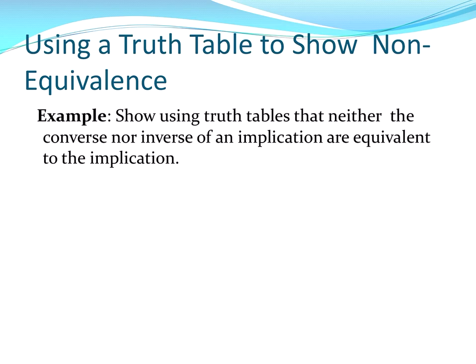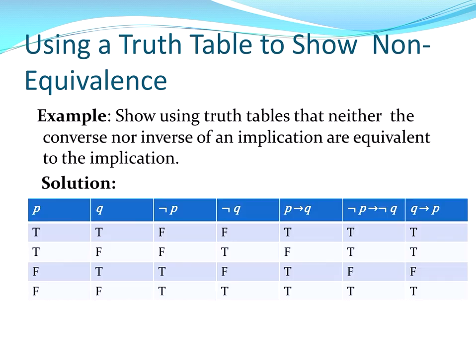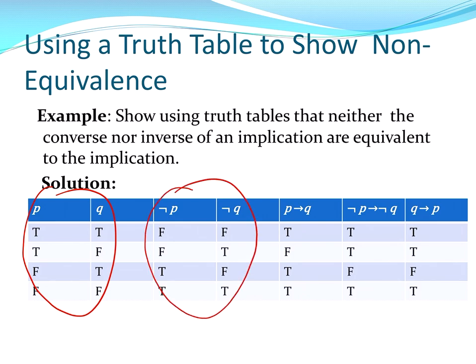We can also show non-equivalence. We said that the converse and the inverse were not equivalent to the original, and I have those listed here. So here we have P implies Q, all possible values, with the negation of P and negation of Q as intermediate columns. Here's the original implication, here is the converse on the right and the inverse in the middle there.